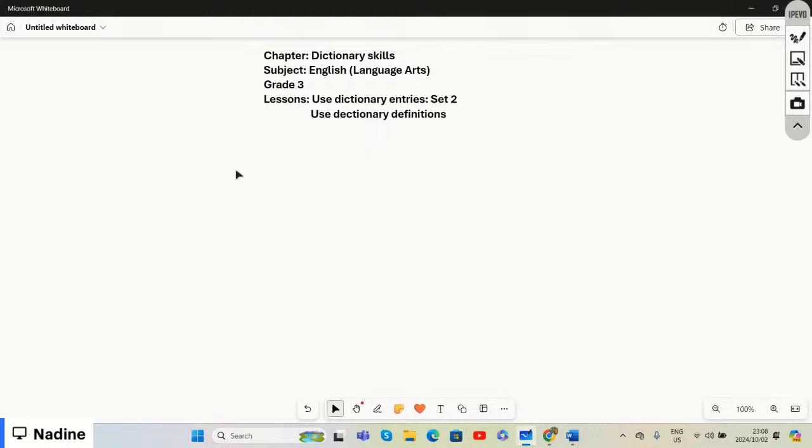In a dictionary, of course, your words are in alphabetical order. But the dictionary gives you the word that you're looking up. So if you're looking for a specific word, they'll give you the name of that word.